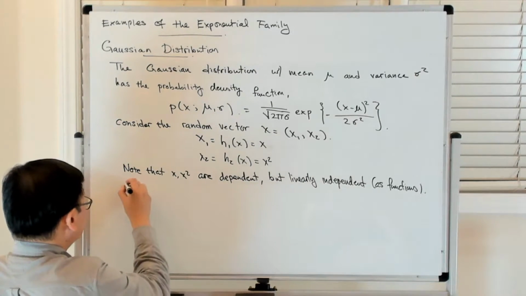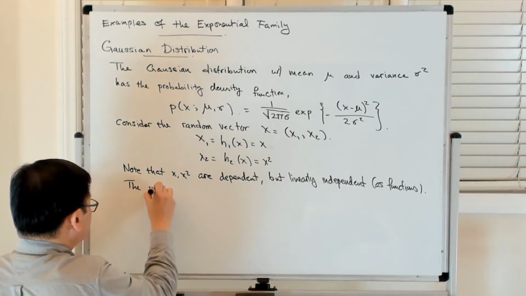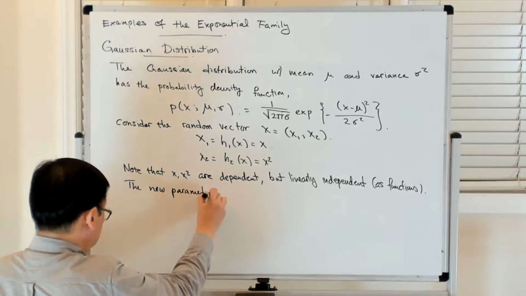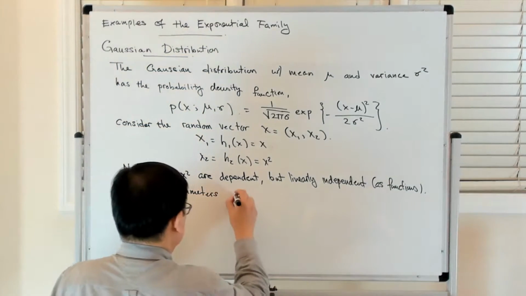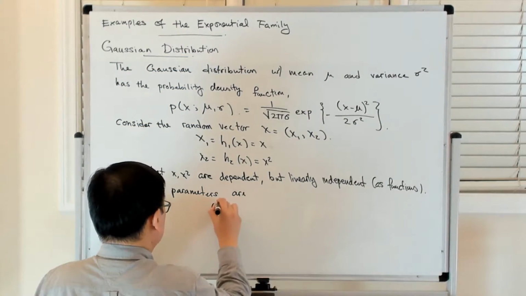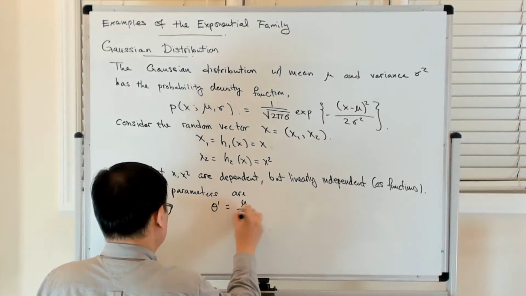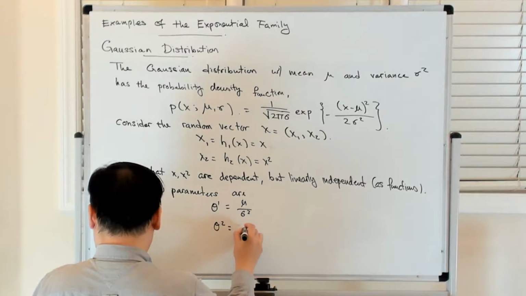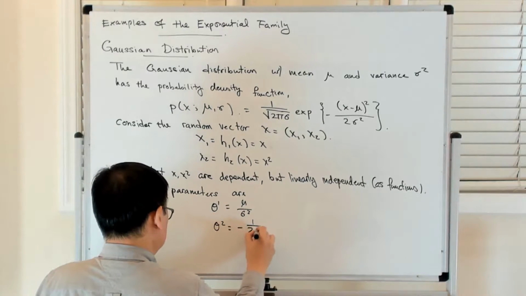The new parameters are as follows: theta 1 is mu divided by sigma squared, and theta 2 is minus 1 over 2 sigma squared.